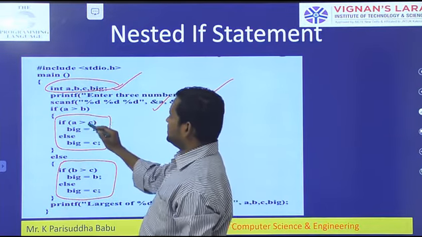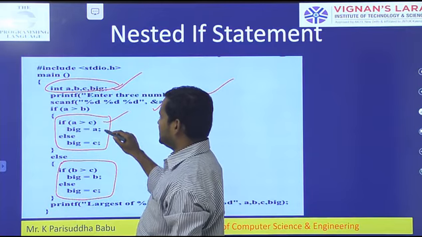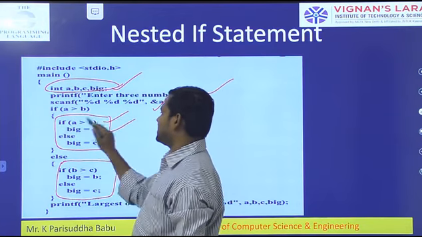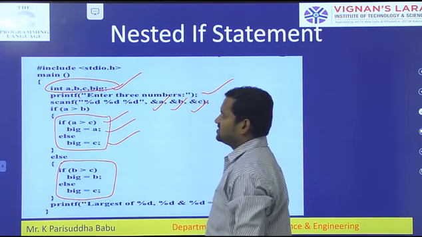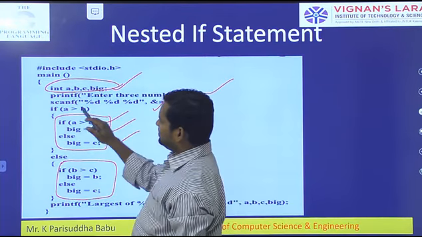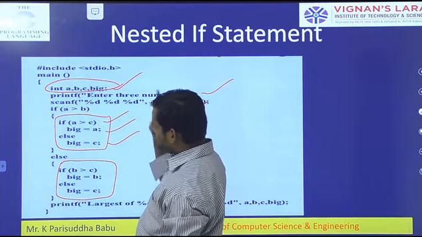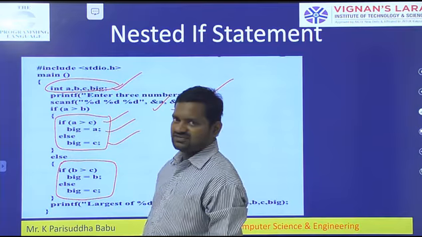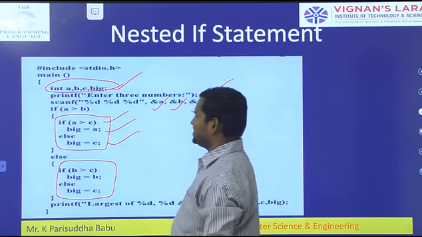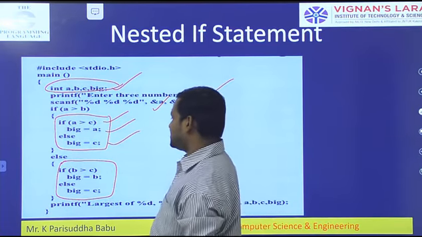Okay. If a greater than c, then a is big. If a greater than c is false, c is big. Otherwise, if a greater than b is false, then it checks b greater than c. Then big is automatically c.